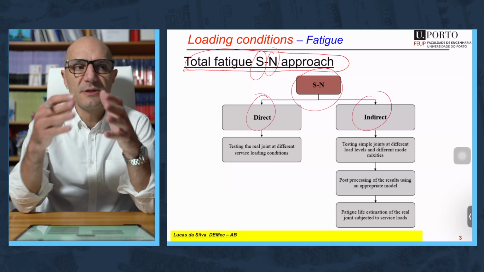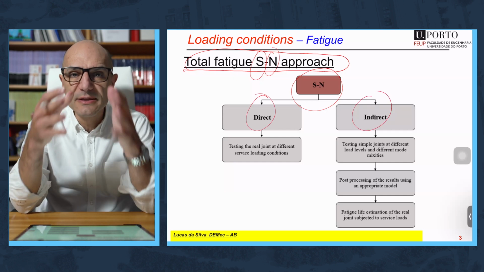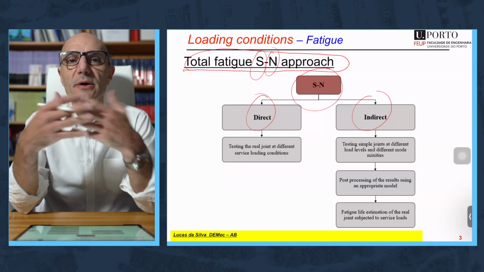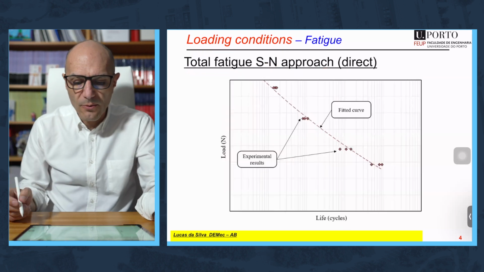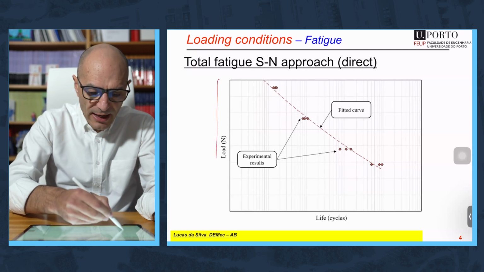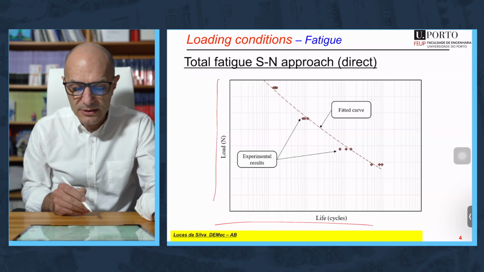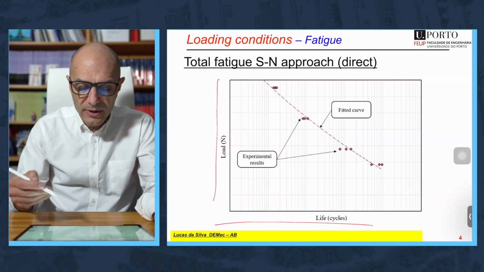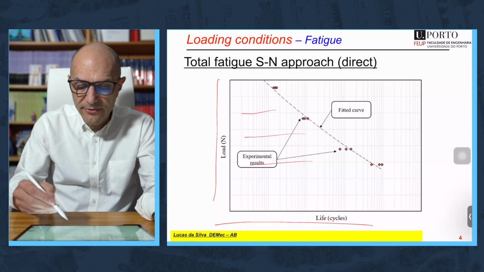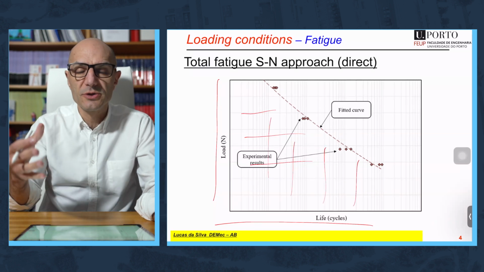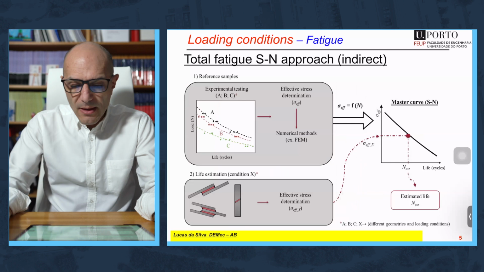The direct one consists in doing fatigue tests on joints which are very, very close to the real joints. We apply different stress levels and we generate the S-N curve such as the one indicated here, and with this tool we can, for a particular stress level, know what will be the number of cycles that the structure can withstand.